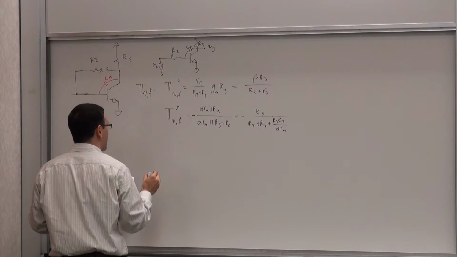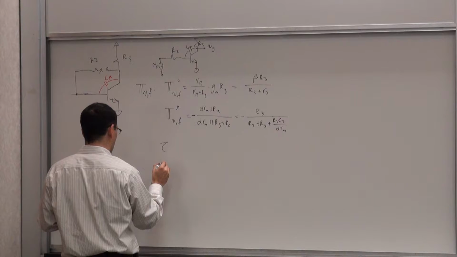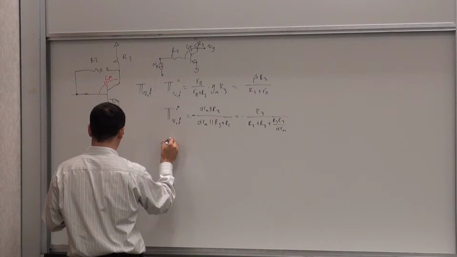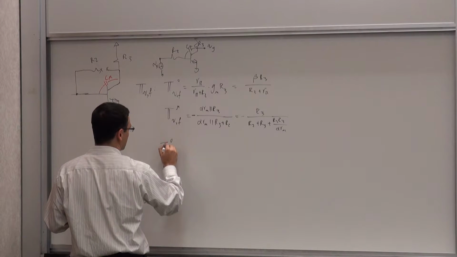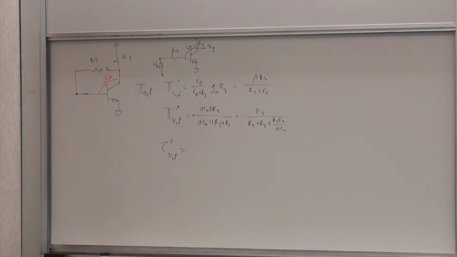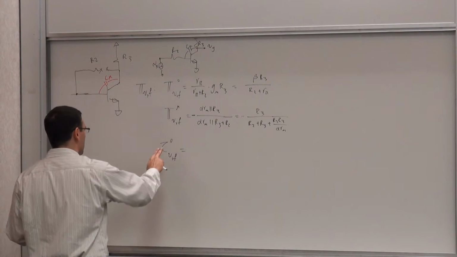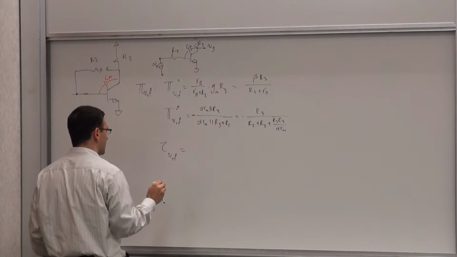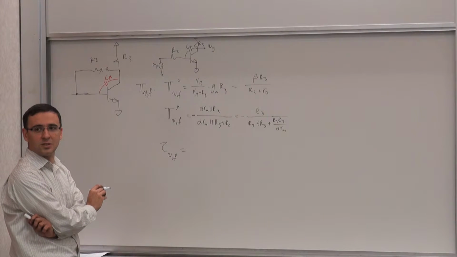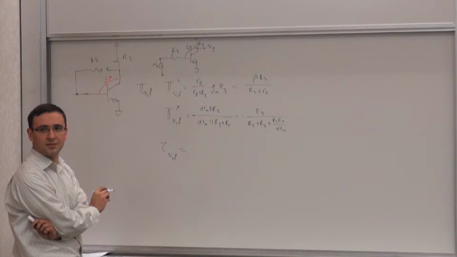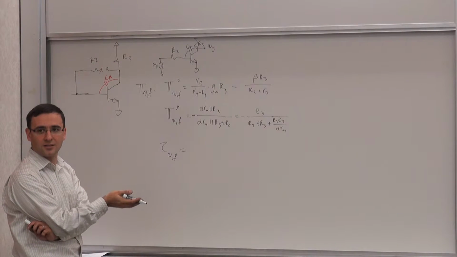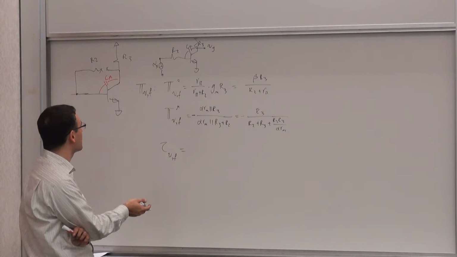Fine. And then I have to calculate the time constant, tau VF. There's one time constant here, it's a zero value time constant. I don't even need that superscript 0 here. So what is the time constant for this circuit? The zero value time constant is R left, R right, GM R left, R right times C mu.